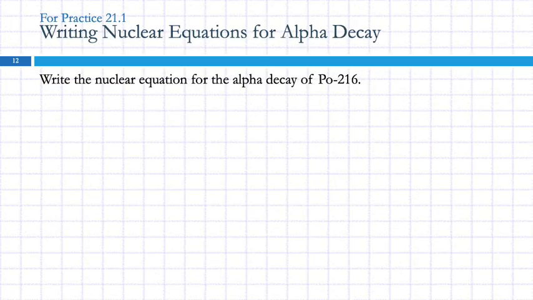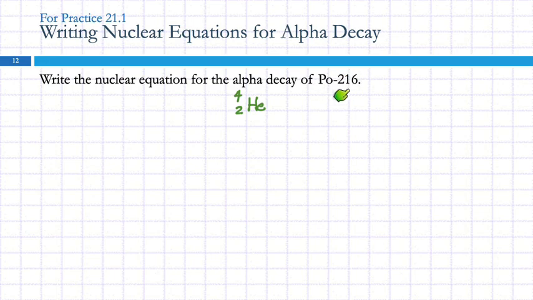So we should be able to do something like this, right? The nuclear equation for the alpha decay of Po-216. Po is polonium. You can do this even if you don't know what polonium is. We do need to know what alpha decay is. Alpha decay is a helium nucleus. Alpha decay means an alpha particle is coming out of this thing.